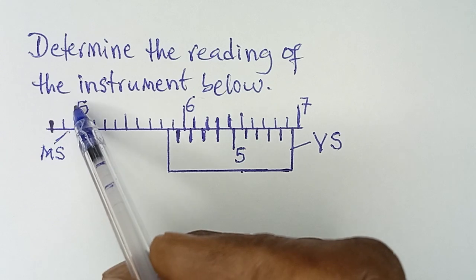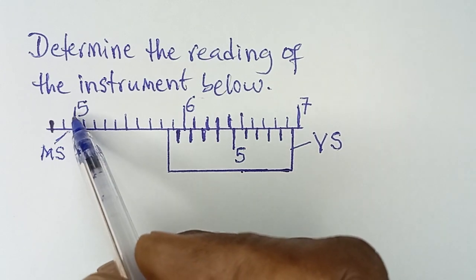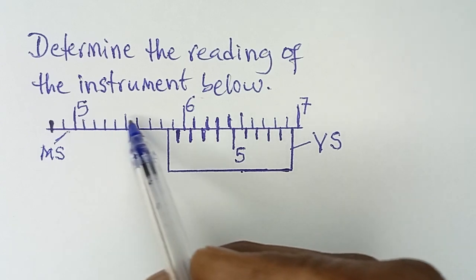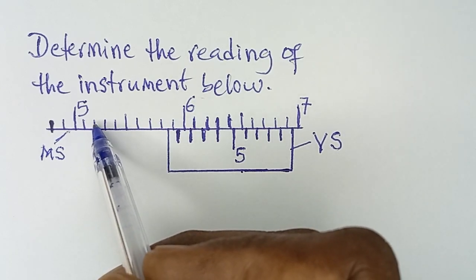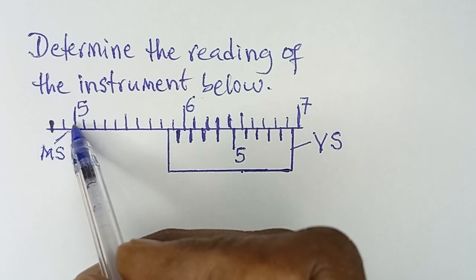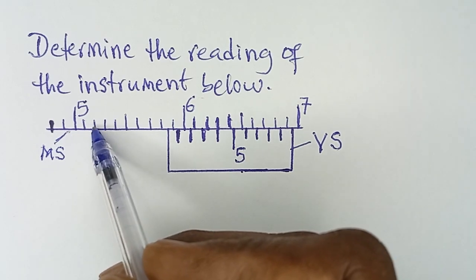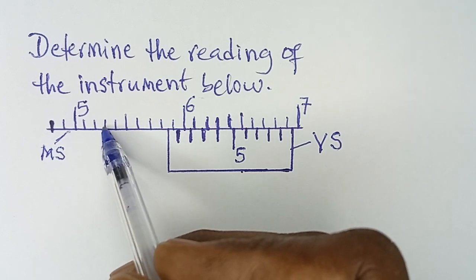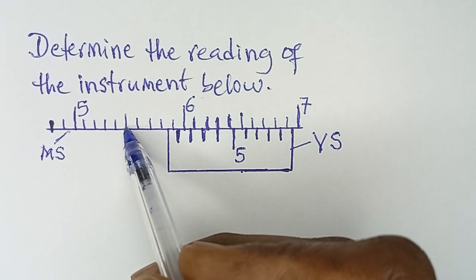So you agree that this is the number 5, this is the reading 5. And then after that, we have 6 here, and then we have 10 lines in between. So that tells us that each of these lines is 0.1. So this is 5. The next one is 5.1. I have 5.2, 5.3, 5.4, and this is 5.5.